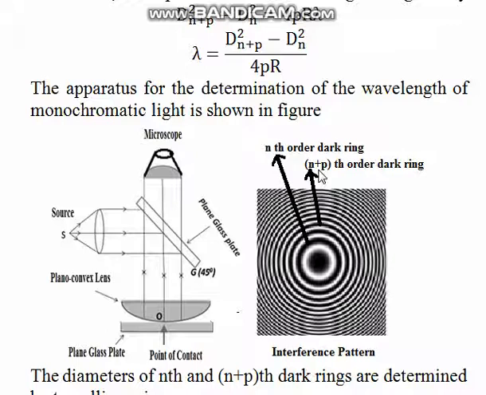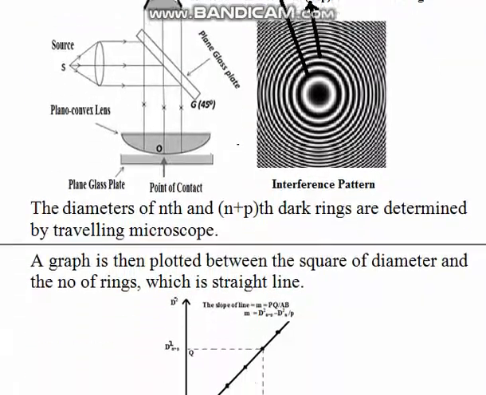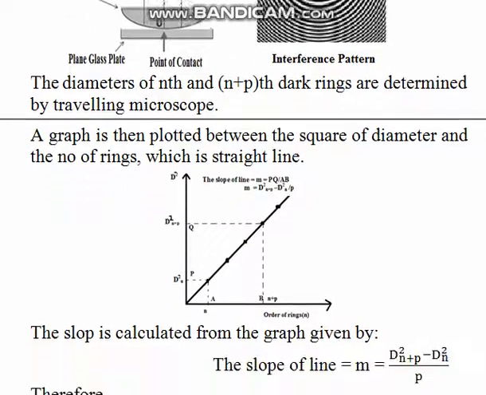The diameter is noted down by the help of the crosswire and microscope. The diameter of the nth dark ring and the diameter of the (n plus p)th dark ring are noted down, and in this way we calculate the different diameters of the different orders on both sides of the center, one on the left side, the other on the right side, and we get sufficient data to plot the graph.